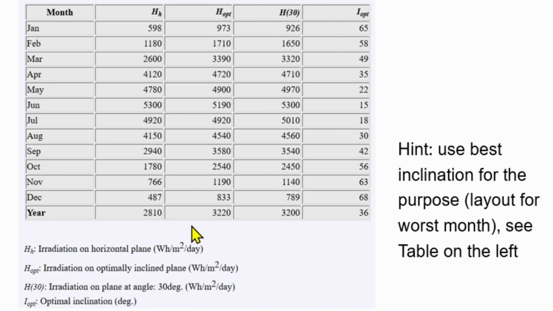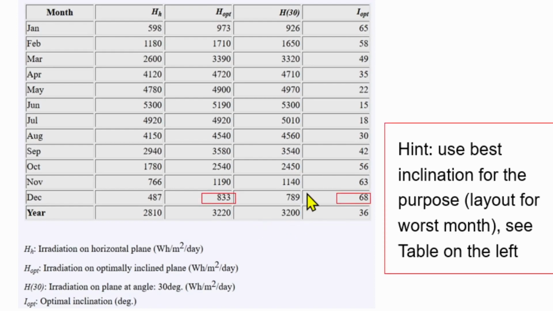This is usually only valid if you have a tracking system or single axis tracking system, which has an optimal tilt angle, but not the azimuth angle. You see here, okay, there are some differences, but not really very big. So the optimal over the year is 36, and this column here is calculated for 30. You see by the values it's not very big.